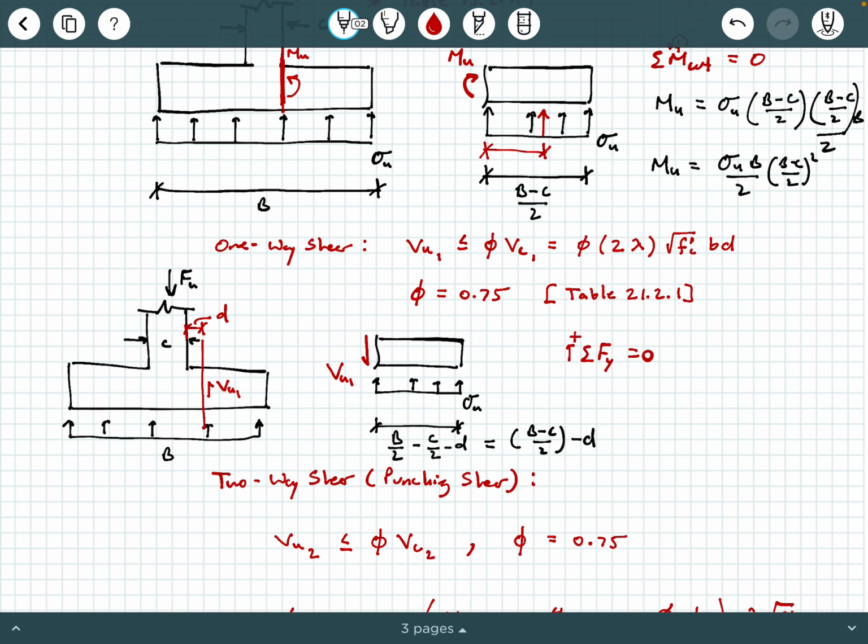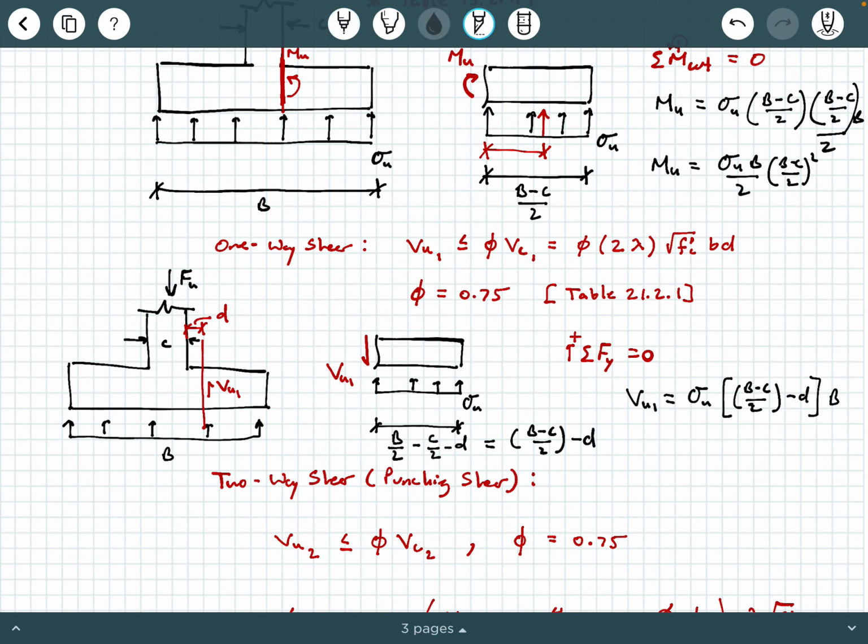And so by doing a little bit of rearranging, I can end up getting Vu1 equals sigma u times, make a bracket here, (B minus C) over 2 minus d, times B. And so what have I done here?